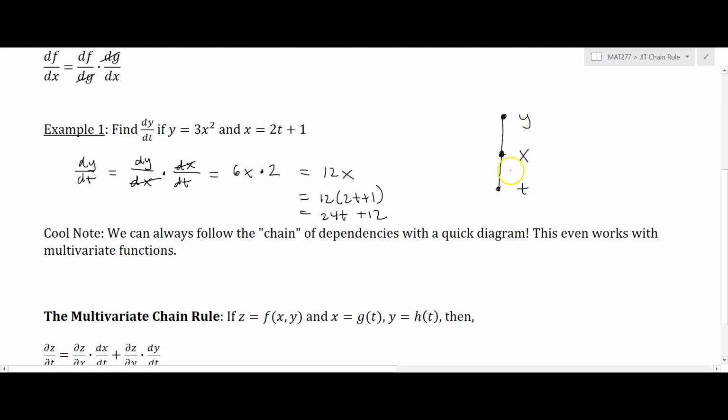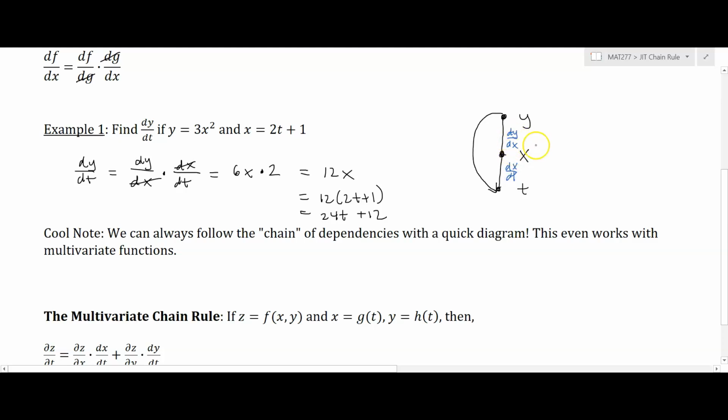So this chain of dependencies shows us that if I want to relate y to the variable t, then I can follow the chain down and observe that, first of all, y and x have a derivative, and that's going to be dy/dx. And x and t have their derivative, which is dx/dt.